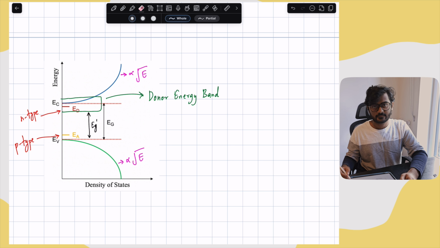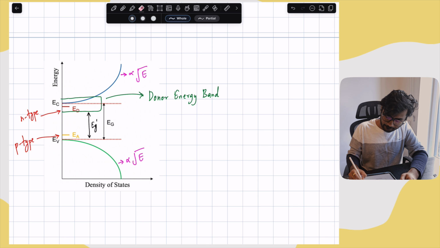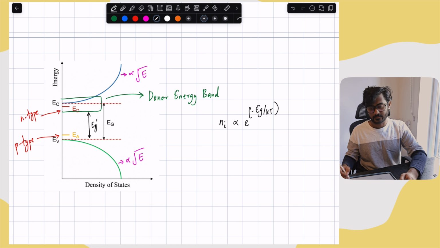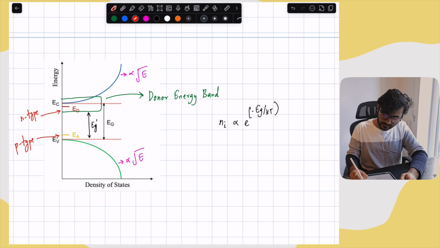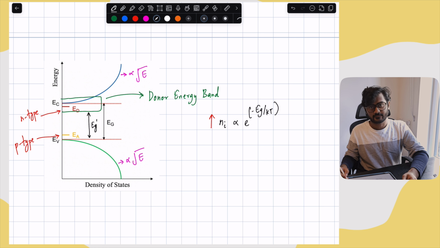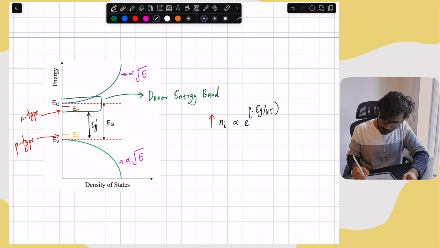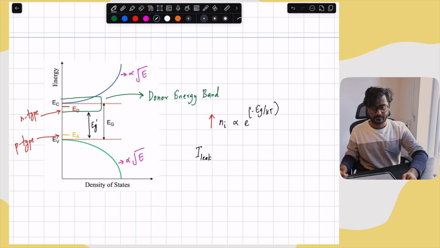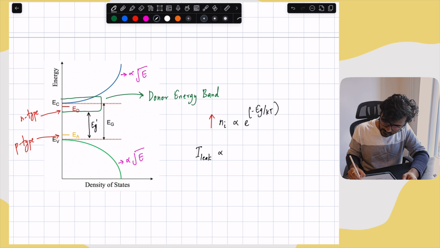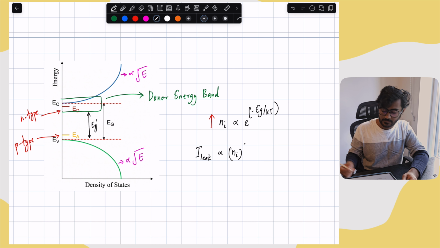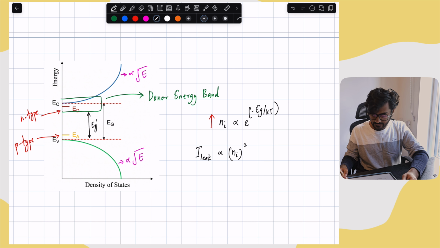And we know that the intrinsic carrier concentration in a semiconductor, Ni, is actually proportional to the band gap of the material. Now as the band gap reduces, the concentration of intrinsic carriers also increases. So how this affects the device performance is, if you look at the expression of leakage current in case of diodes or transistors, we see that the leakage currents are actually proportional to the square of intrinsic carrier concentration.